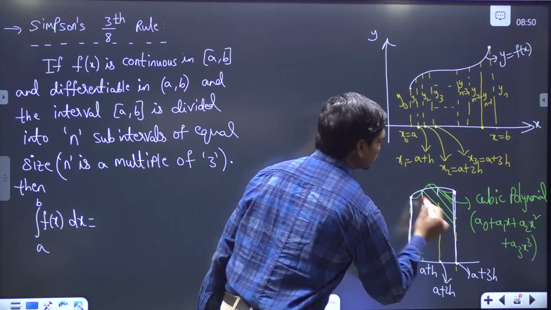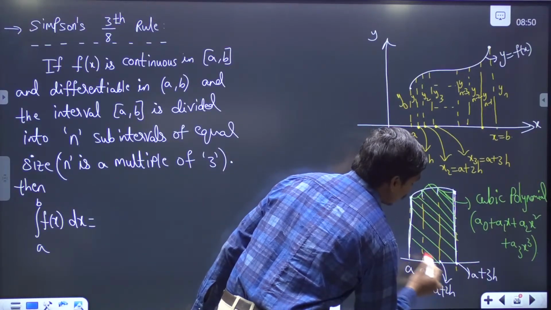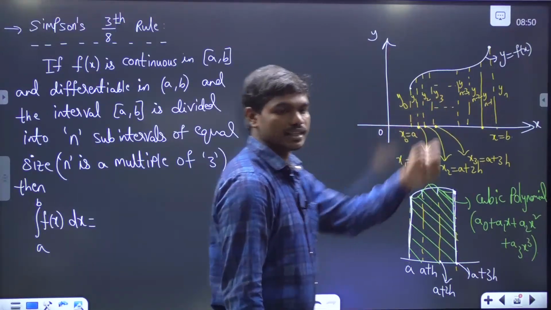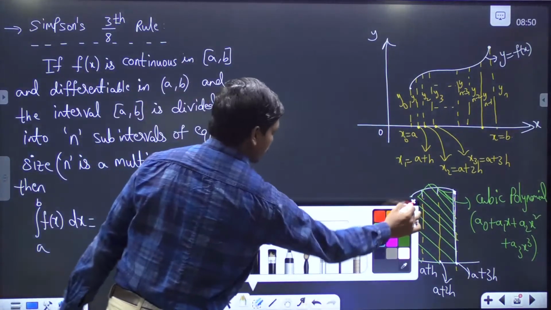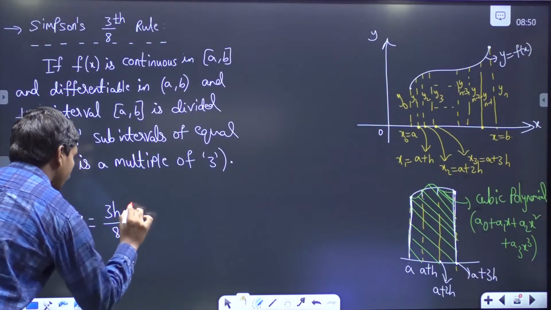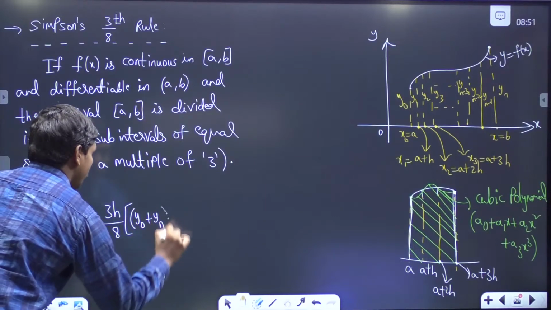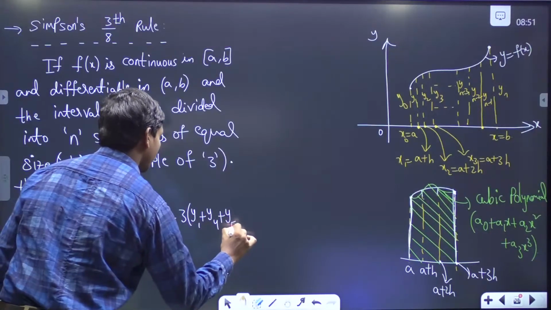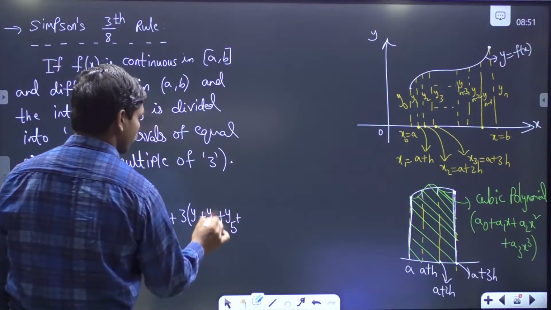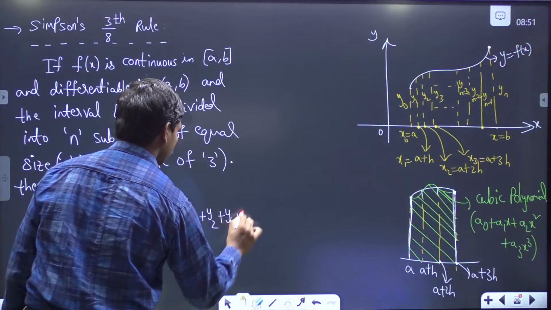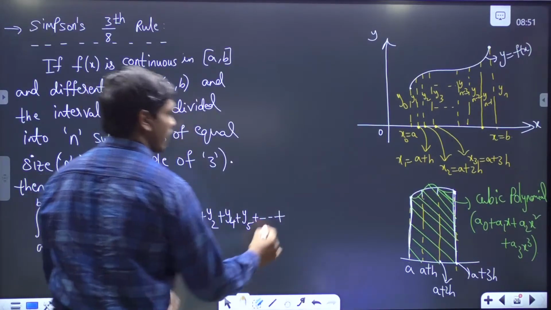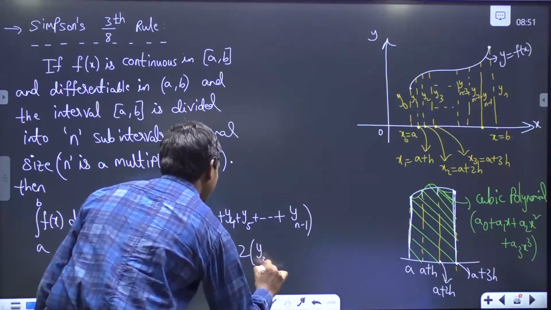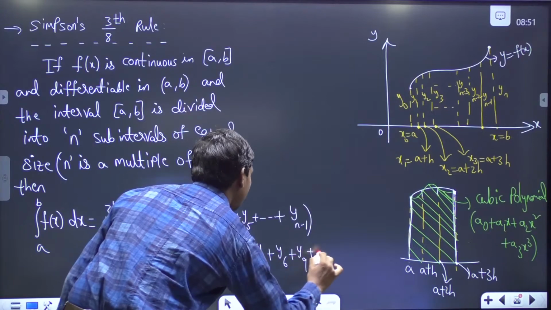As the degree of the polynomial increases, the accuracy increases. We calculate this area, and finally, if you sum up all these areas by taking 3 subintervals at a time, you get the expression 3h by 8 into y0 plus yn plus 3 times of y1 plus y2 plus y4 plus y5 and so on, plus yn minus 1, plus 2 times of y3 plus y6 plus y9 and so on, plus yn minus 3.